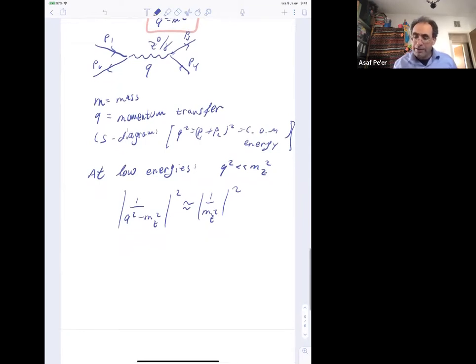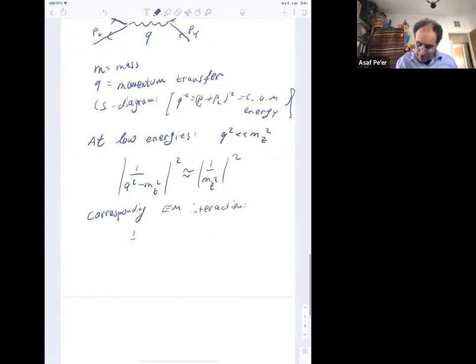And then the corresponding electromagnetic interaction has 1 over q squared. So we have suppression of the weak interaction by a factor of q over mZ to the power 4, where q is the momentum, not the coupling. Which is quite weak.